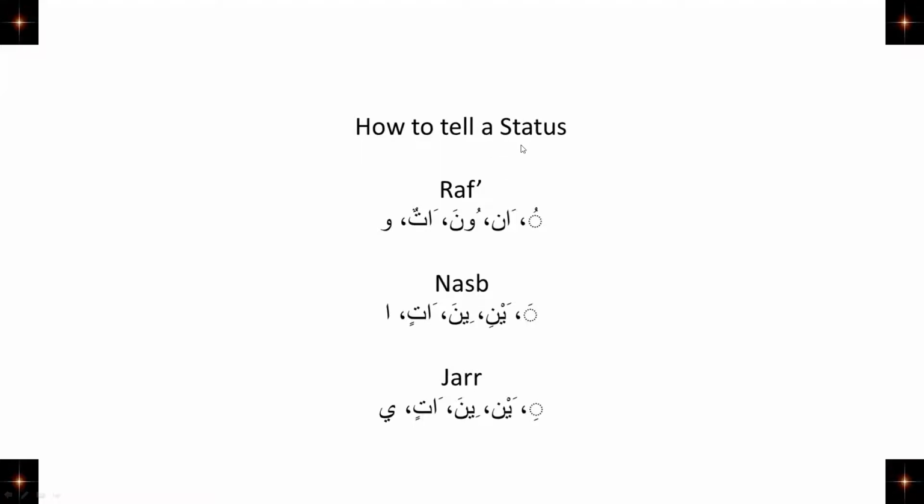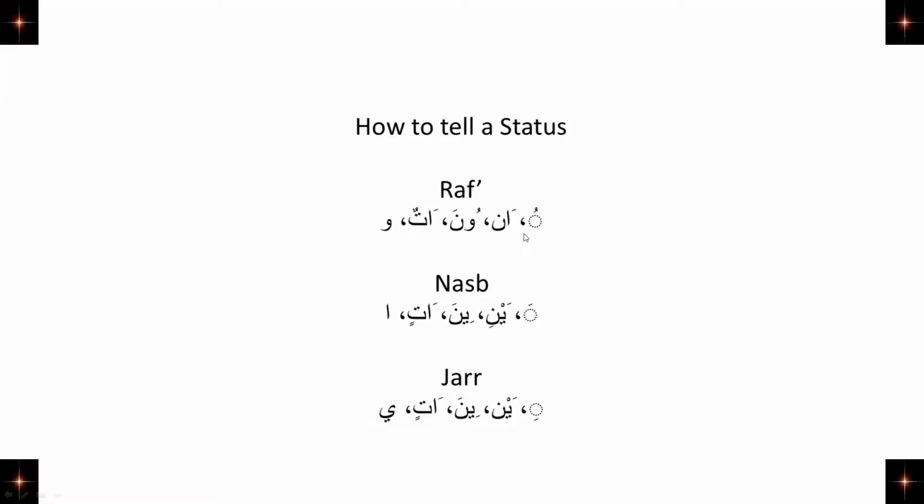Now, how do we tell the status? What are the signs in this case? Now we are talking about the signs. Now comes the answer to my brother. Is it the brother who spoke about the Dhamma? Rabiu, yes. These are the signs.